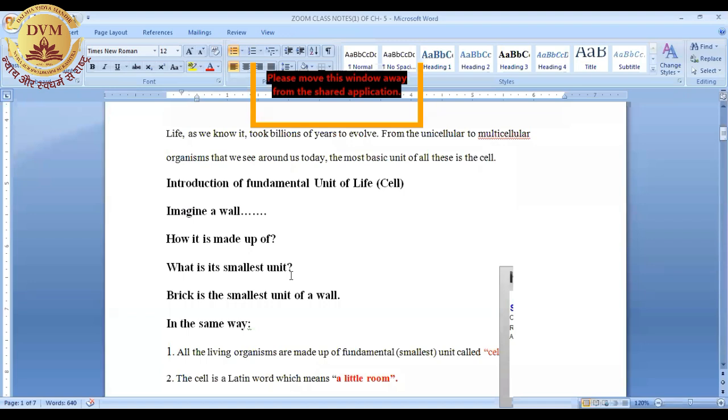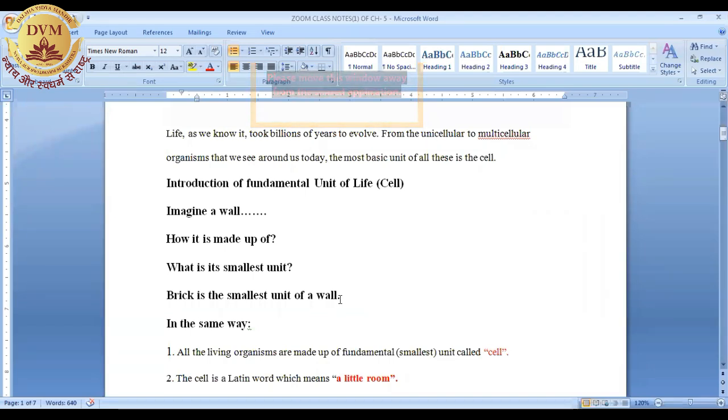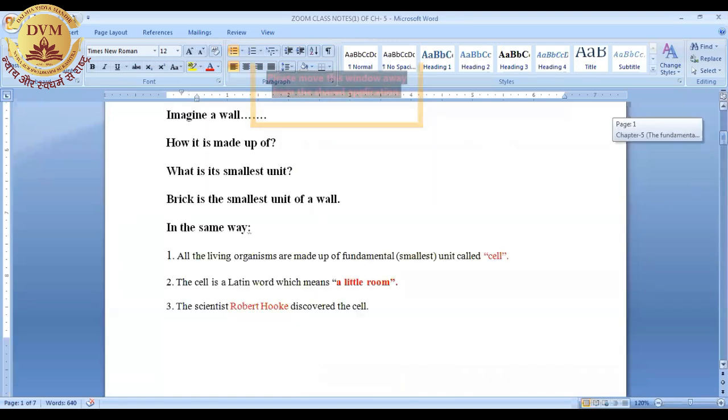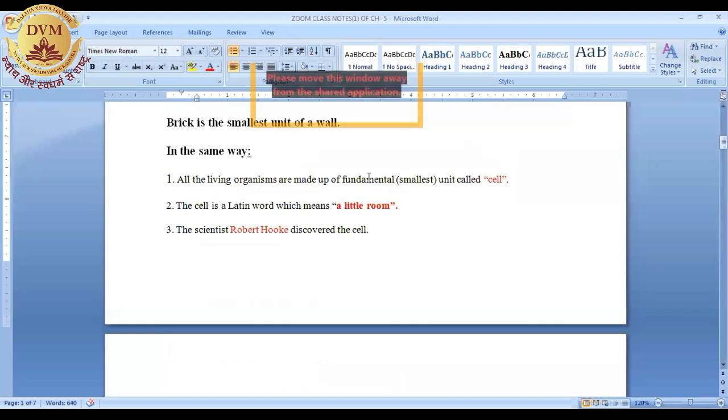All of you know that the brick is the smallest unit of a wall, and bricks combine to make a wall. In the same way, all living organisms are made up of the smallest unit called the cell. The structure of your body is made up of cells.